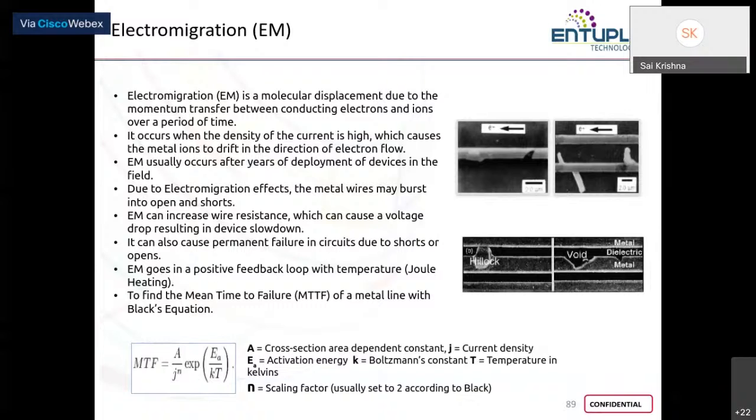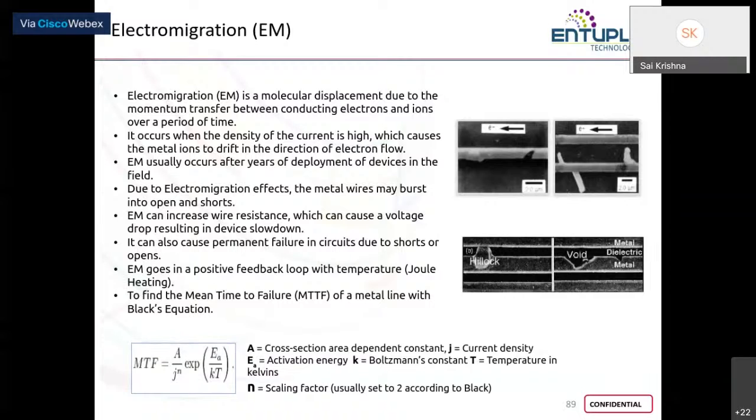So over a period of time, at a certain location on the metal or the conductor, it gets depleted of any ions, and so charges cannot be moving up. So because of that, there will be a bottleneck of charges at that point, which will lead to electrical breakdown of that conductor. So this phenomenon is called your electromigration.